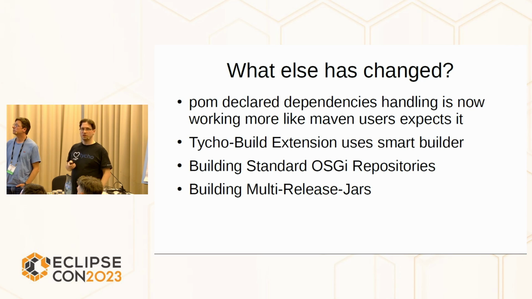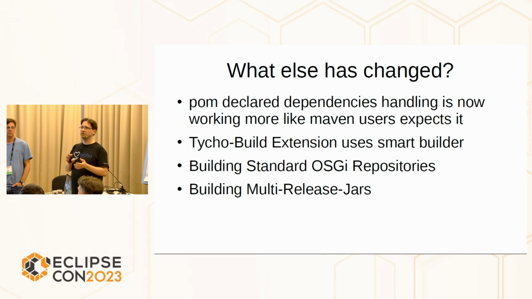Of course, internally a lot has changed in Tycho 4, but the most user visible one is maybe that POM declared dependency handling is updated. Before, it was some intermediate way that you had to enable.